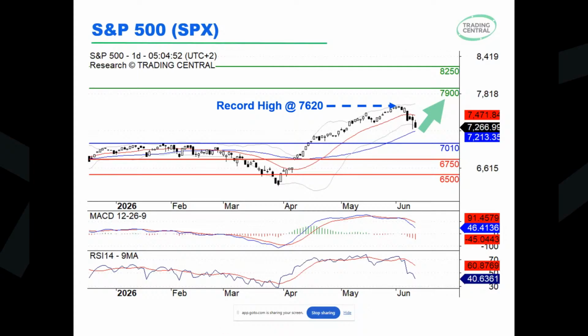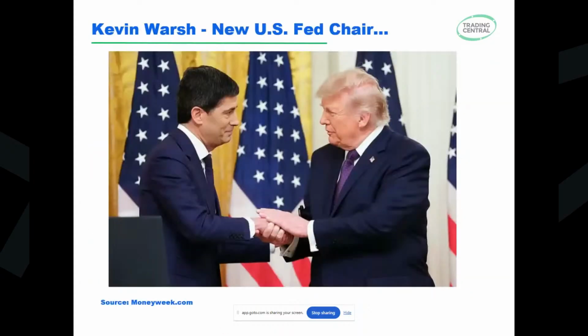On the S&P 500 and also the Nasdaq 100 index, I'm still of the opinion that they are going to reverse to the upside from the recent consolidation, to make record high after record high.